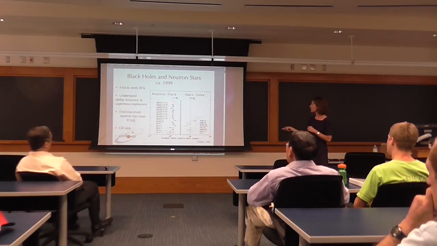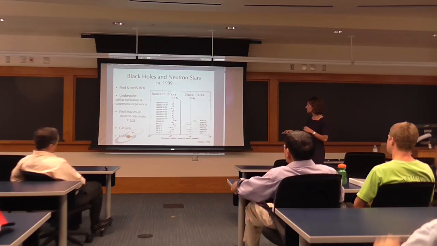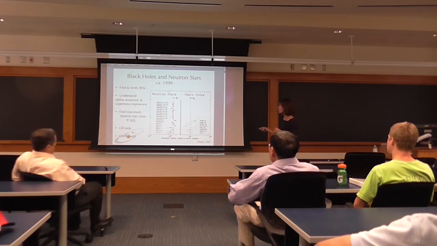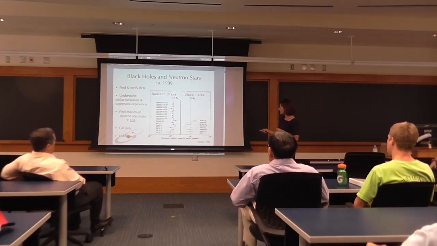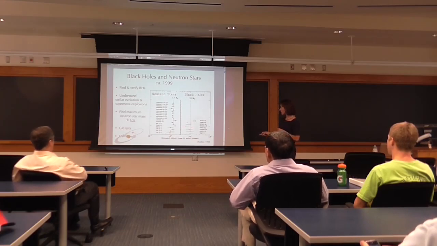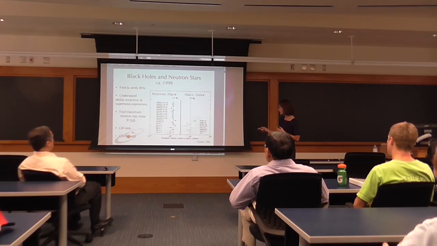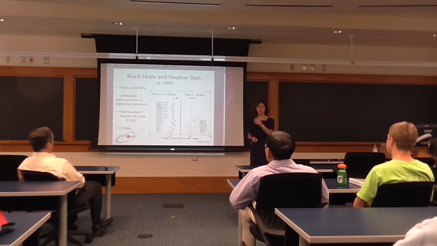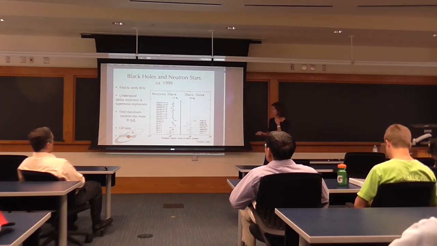And C is the companion, so this is where the neutron star masses were. And black holes, there were quite a few candidates with large uncertainties in their masses, but about a handful. And the idea was that there is some dividing line between neutron stars and black holes, above which we call them black holes if we can measure their masses well.